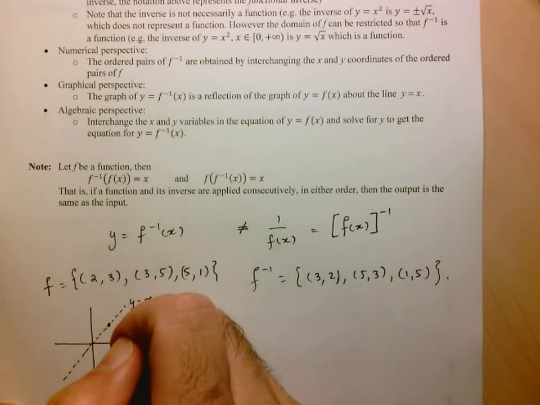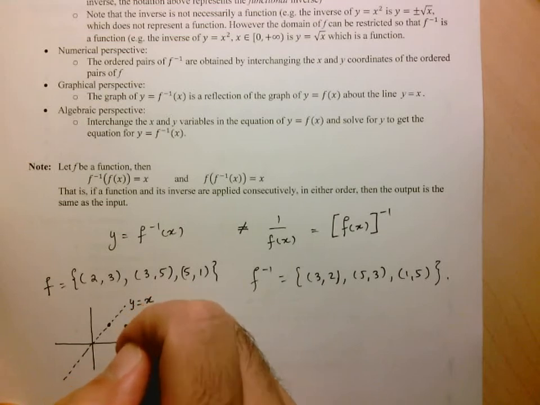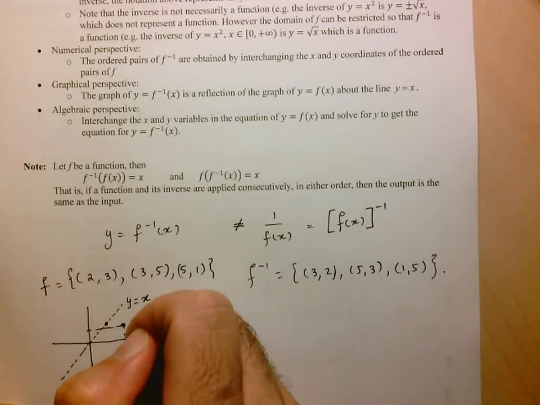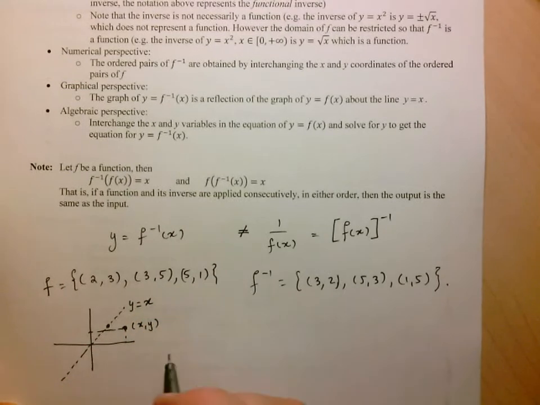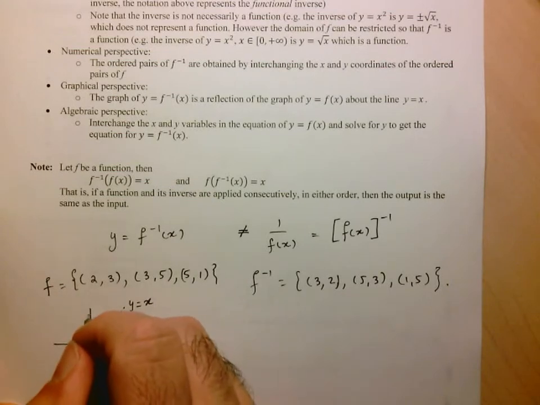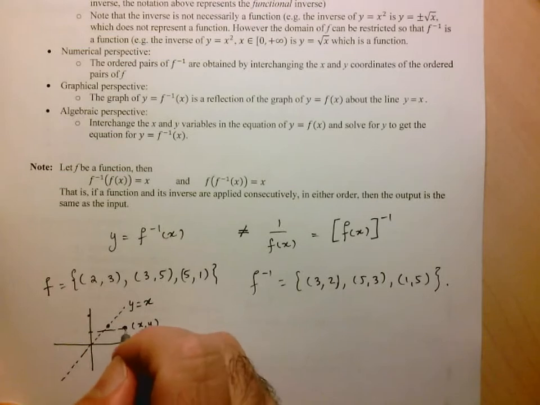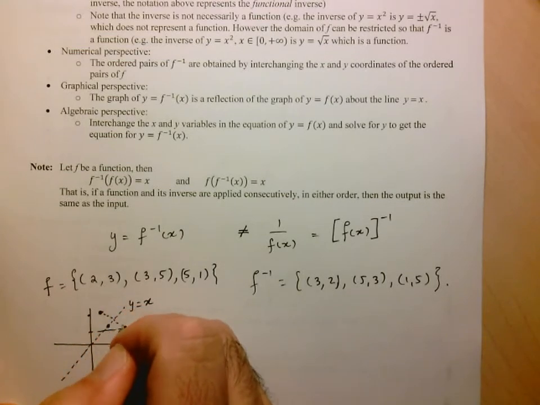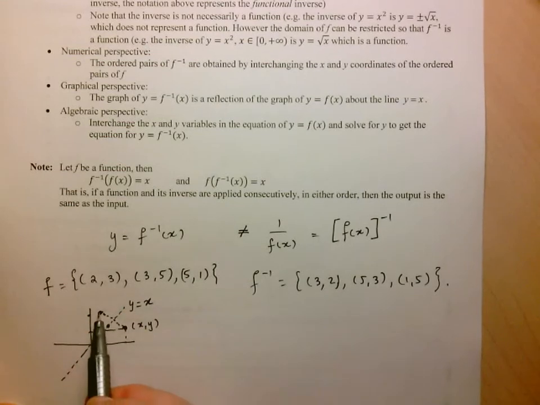But if I have some point (x, y) and I interchange that to (y, x), that x value now becomes my y value, and my y value now becomes my x value, and we see that these two points are a reflection about the line y equals x.